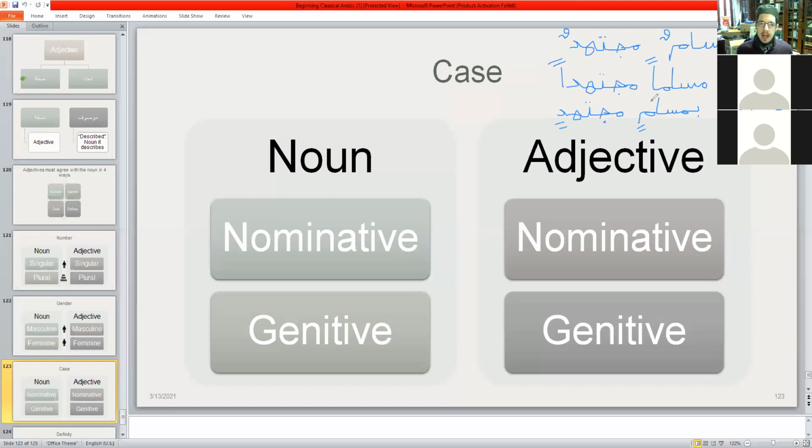I passed by a hard-working Muslim. I walked by him. So the sifa and mawsuf have to agree in case as well.